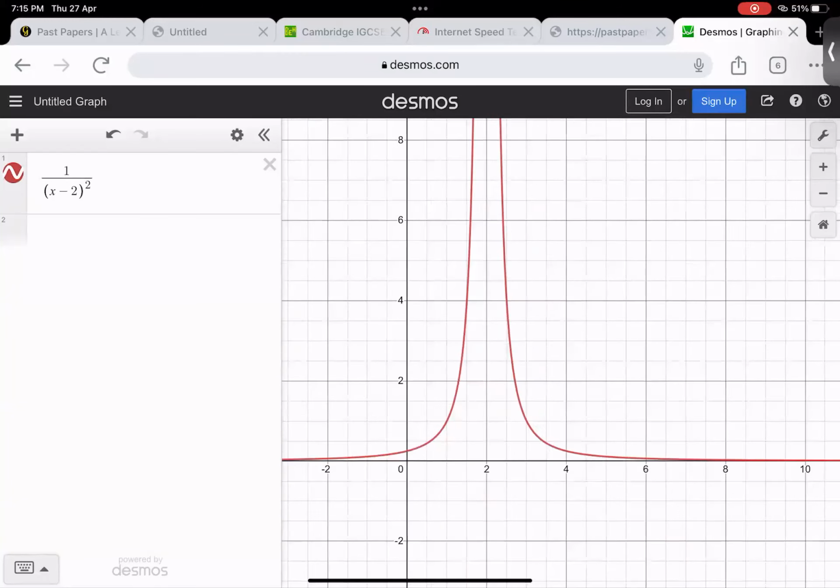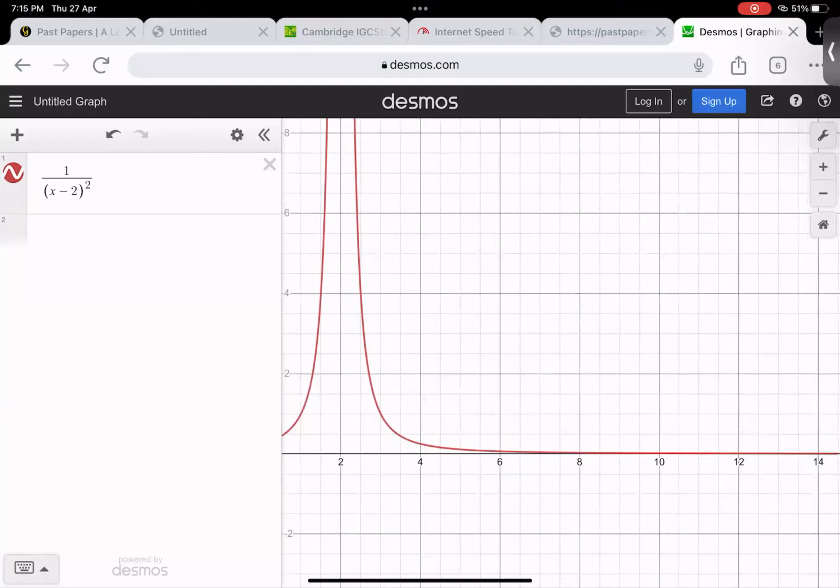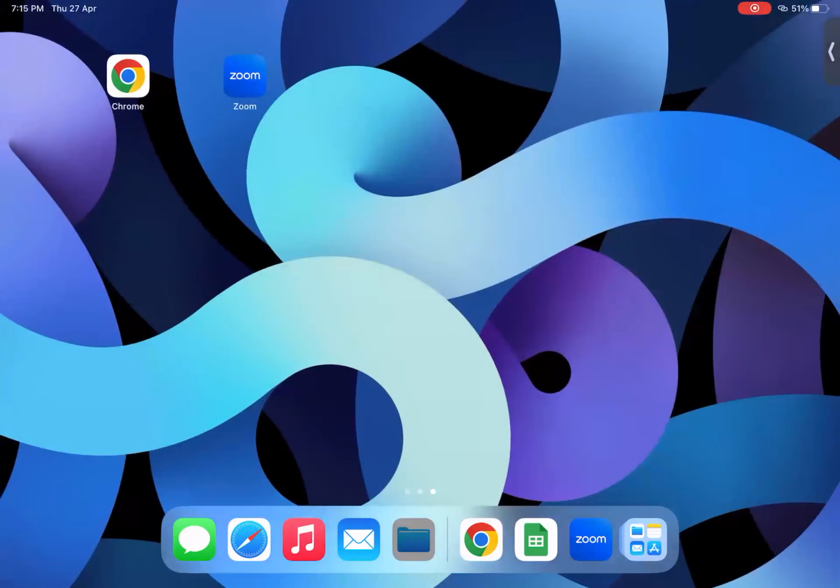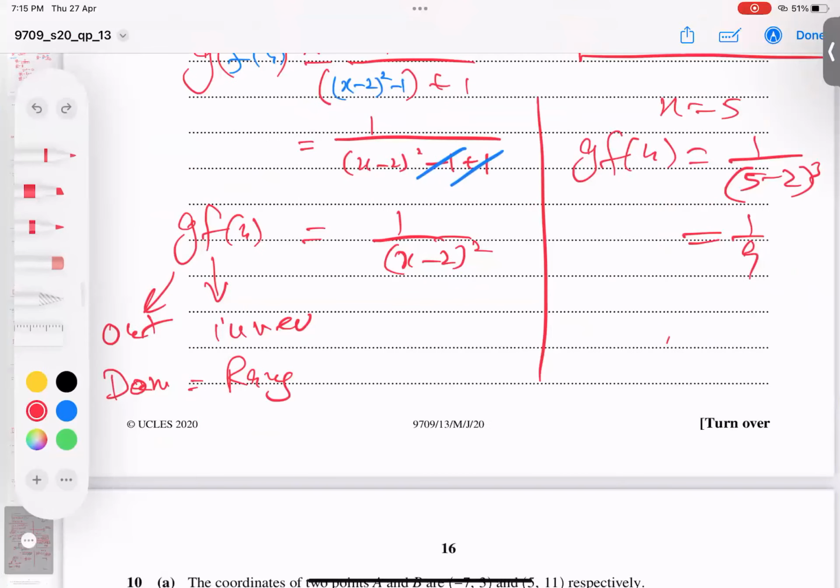You see that the lower graph is not even meeting the x-axis. The graph remains above the x-axis. So we can say that for g f of x, the highest value which we got is 1/9, and the lowest is 0, because the graph is not meeting it, and 1/9 is a very small value.